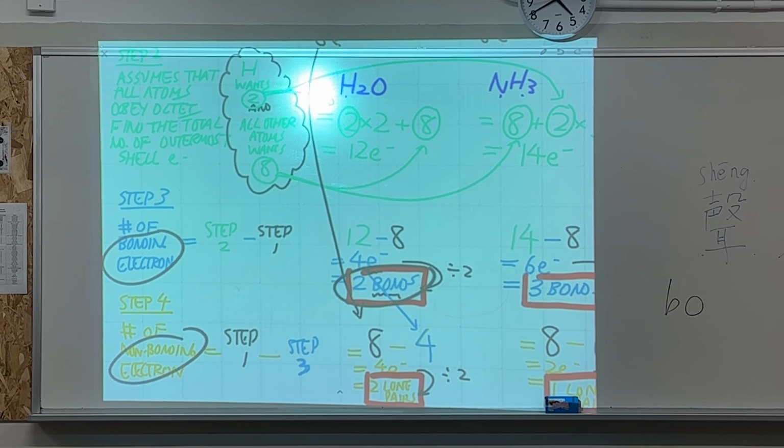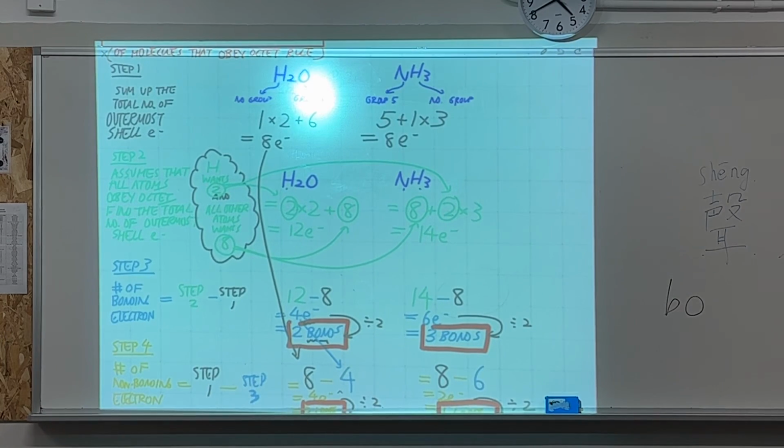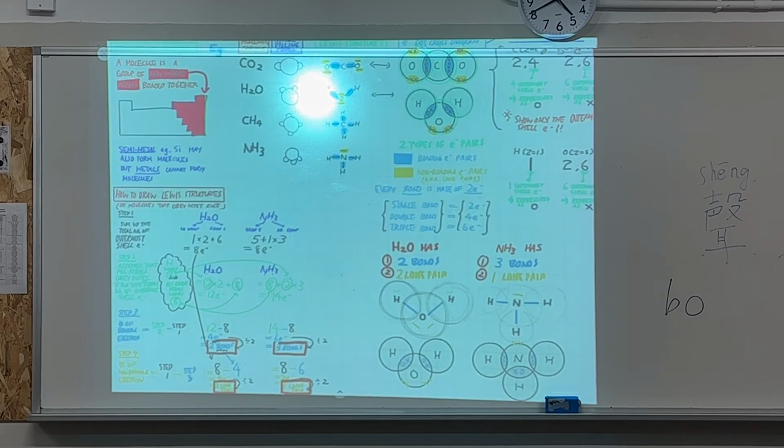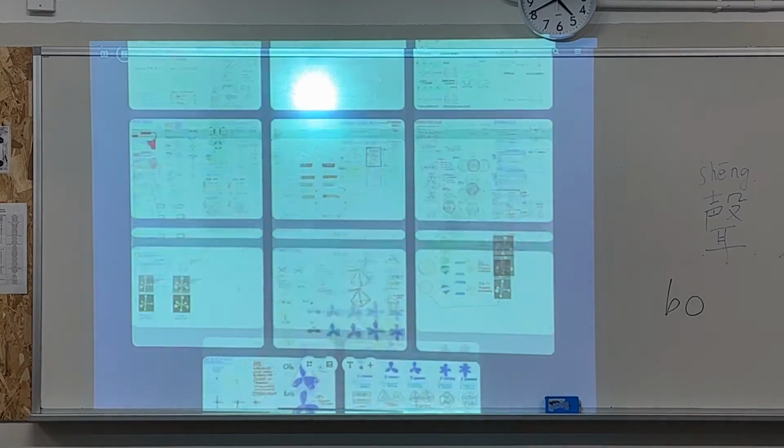If you cannot figure out these 2 numbers, you cannot find the answer. So you have to do this correctly first. If you don't remember how this is done, refer back to this page first. Do you know what to do? Yes? Okay.